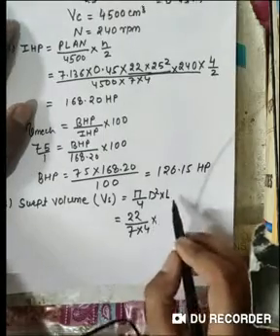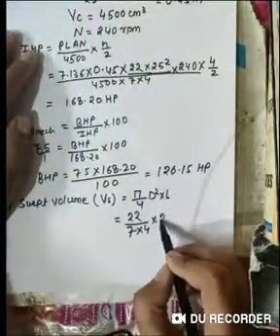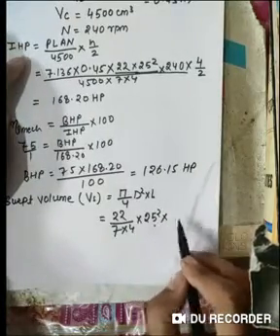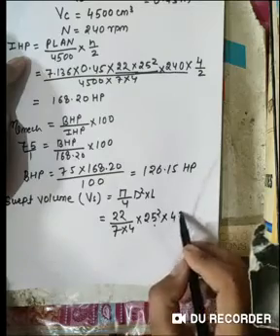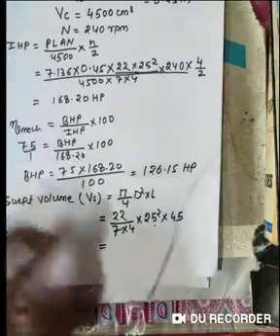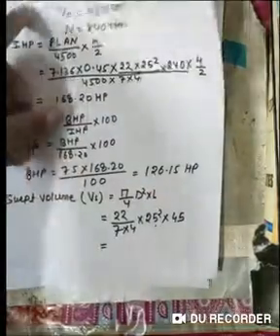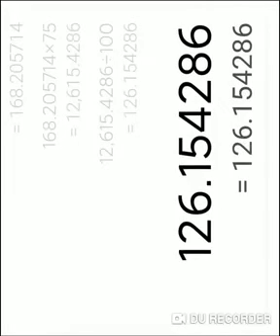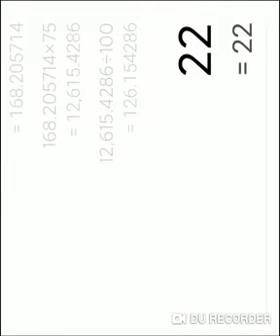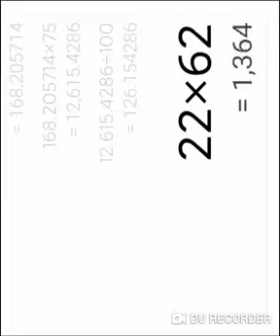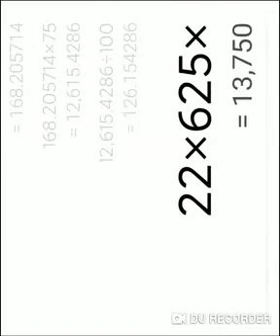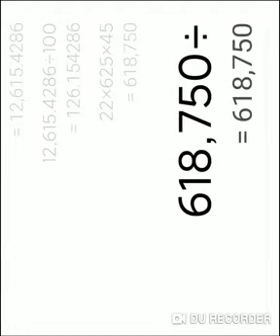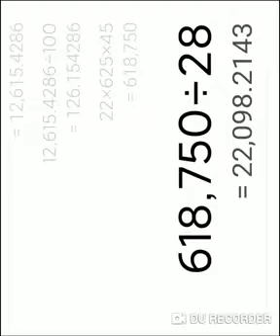Value of d is 25 square. Value of L is 45 centimeter. So we multiply numerators, then divide by denominators. 22 multiplied by 25 square, 625 multiplied by 45, and this is divided by 7 into 4, so totally 28.